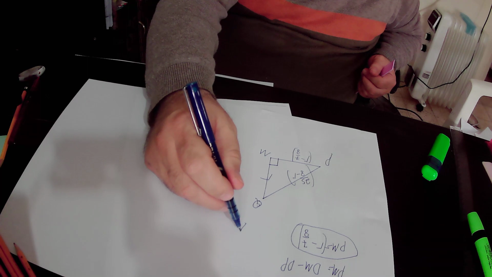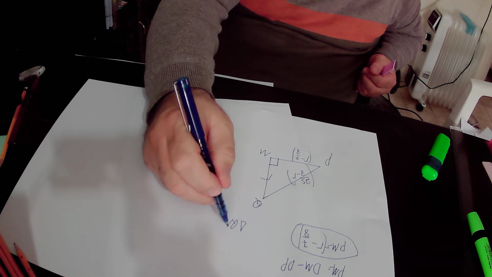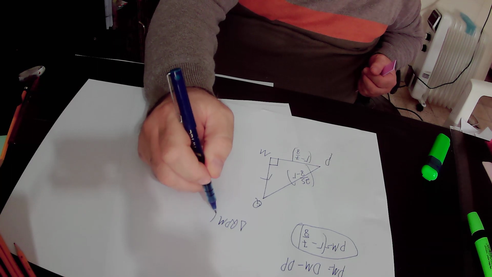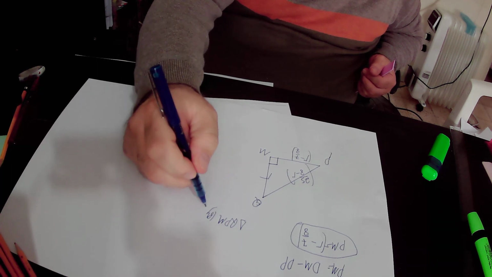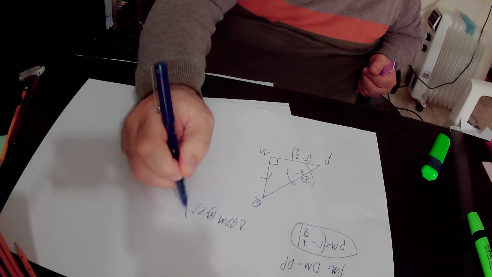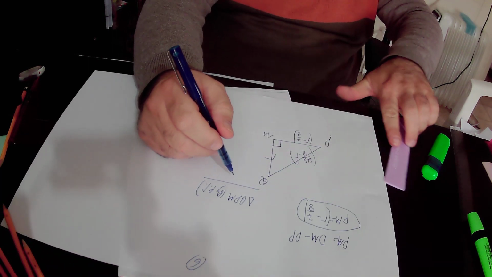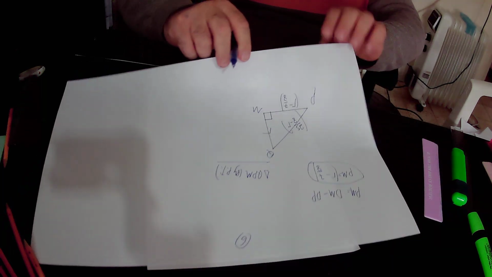So in the right triangle QPM, by PT, that is by Pythagoras theorem, the square of the hypotenuse equals the sum of the squares of the perpendiculars. So this will be equation number 1.